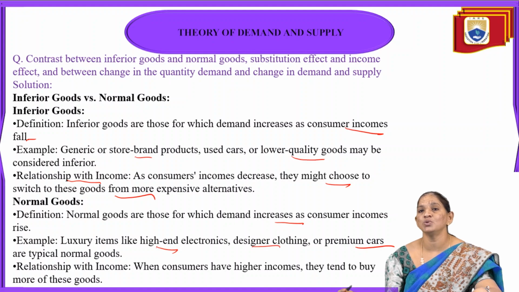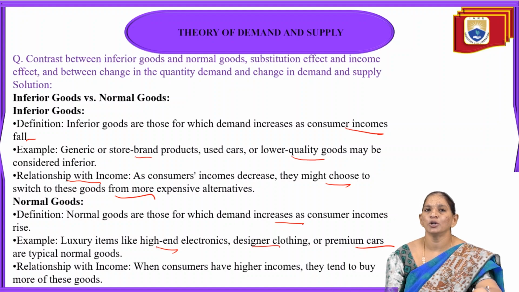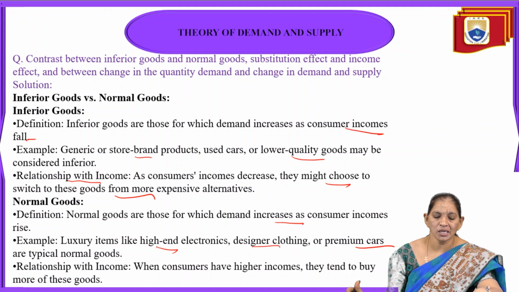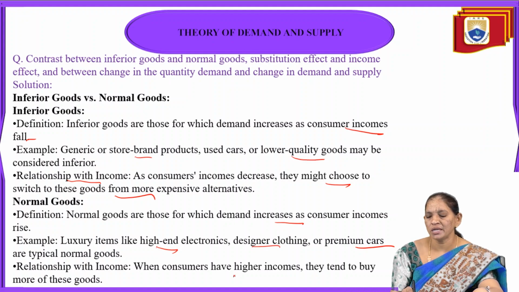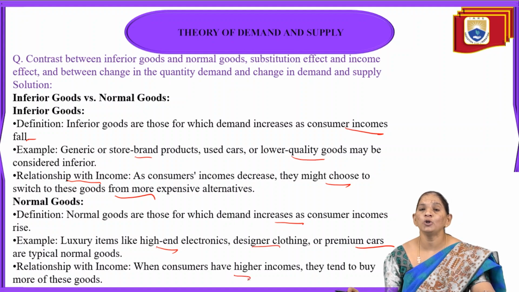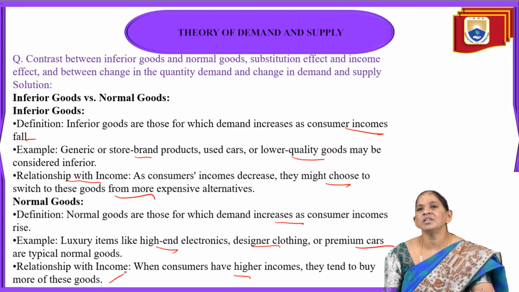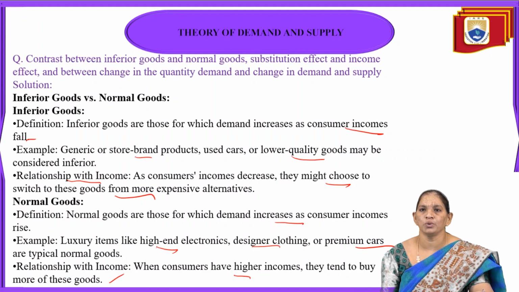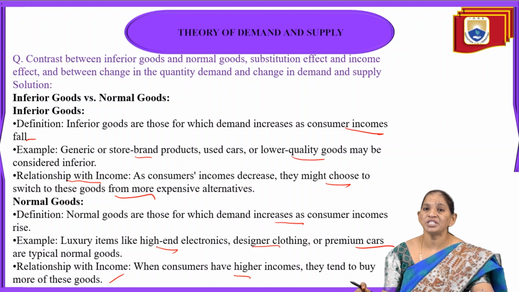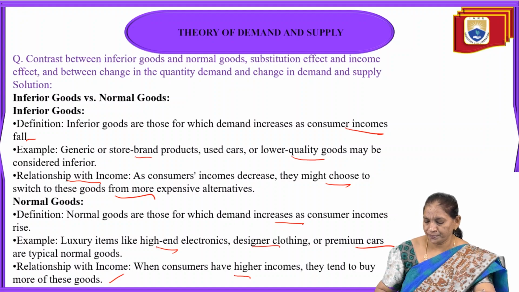Once our income increases, we want good quality or typical goods. So here the relationship is, when the consumer has higher income, they tend to buy more of these goods. Means for inferior goods, we want to shift to other goods, but for normal goods, when income increases, we want to purchase more of these goods.